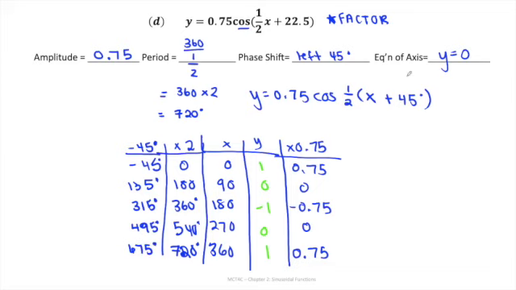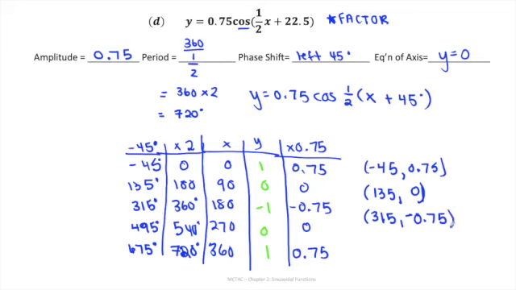Okay, so your final points. The equation of axes normally would add or subtract whatever that number is, but since it's 0, it won't affect the rest of our y's. So you have negative 45 and 0.75, 135, 0, 315, negative 0.75, 495, and 0, and 675, and 0.75.